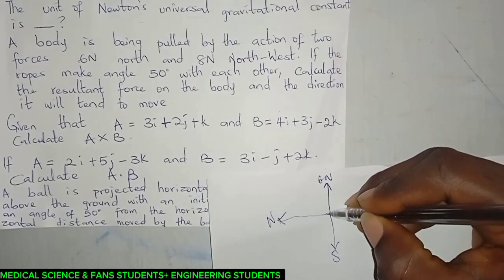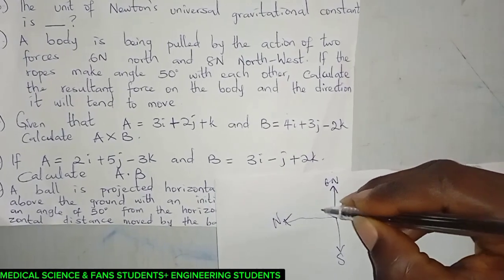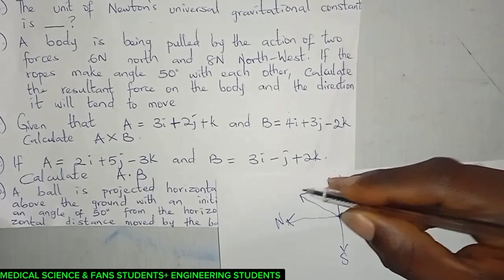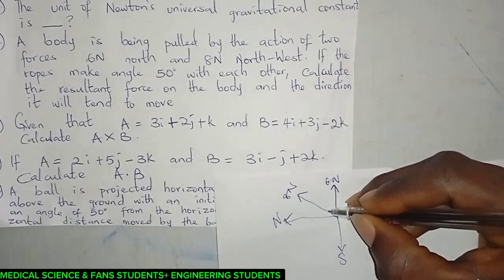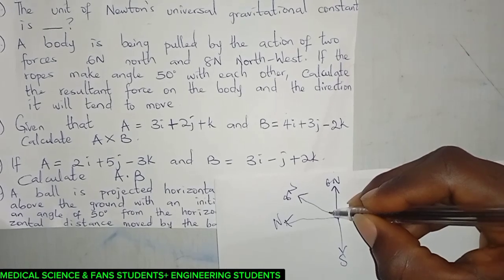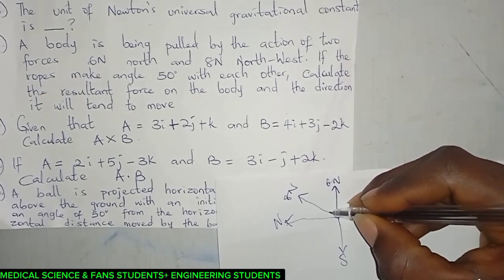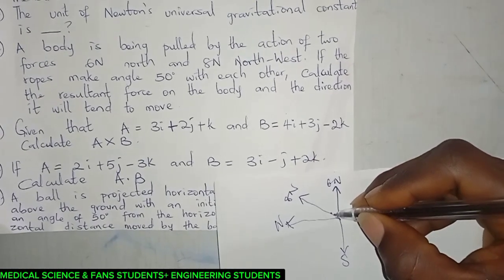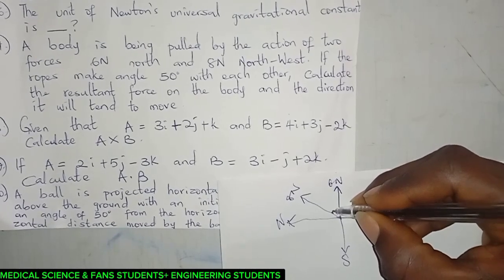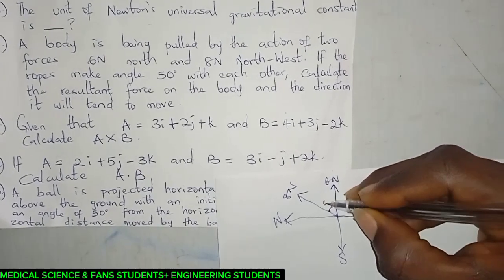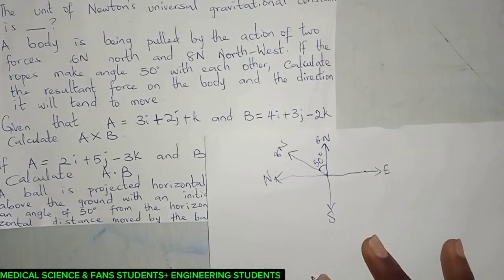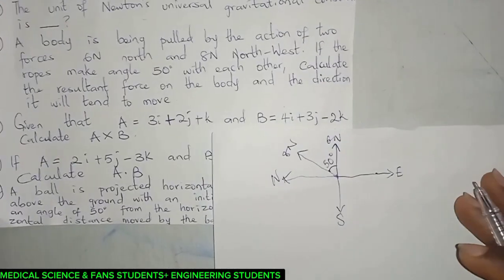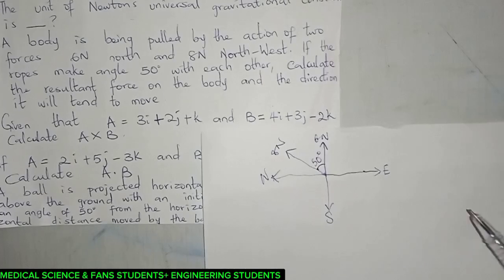The other one is pulling north of west, and it's 8 Newton. The ropes make an angle of 50 degrees with each other, so as they are pulling the body, there's a 50 degree angle being made.